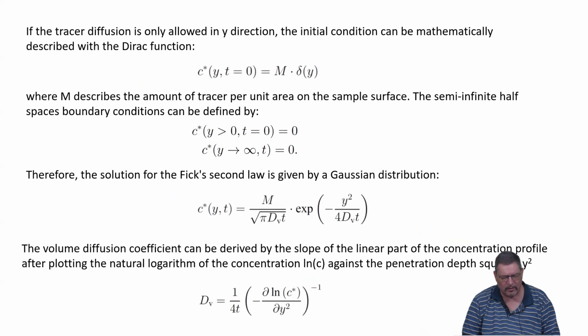And this is again written here. So this is how we describe then mathematically the diffusion, right? I mean, this is basically just the boundary condition as well as the solution of Fick's second law. Yeah, and so we know there is only volume diffusion here, and then we can use the Gaussian distribution.